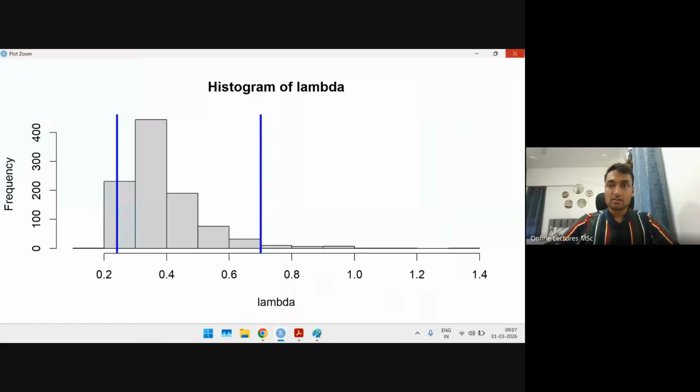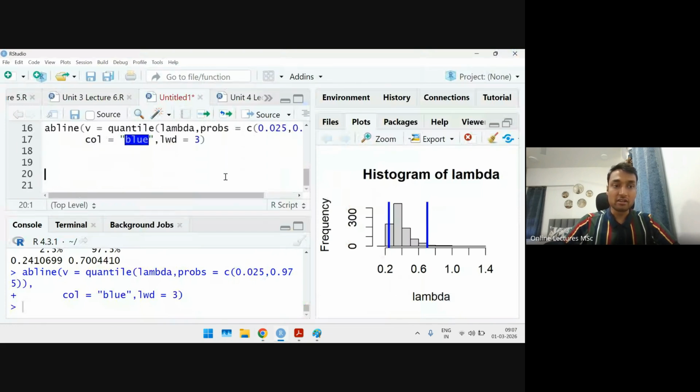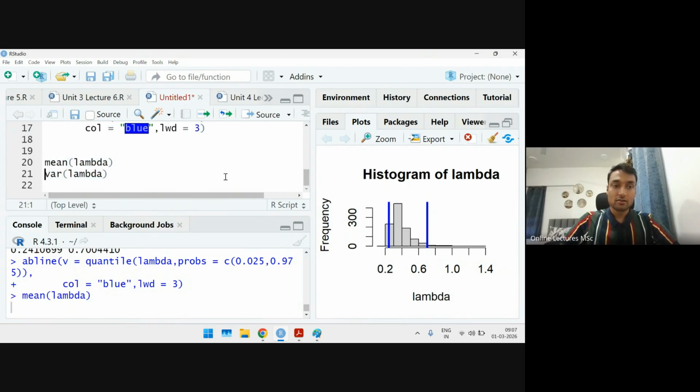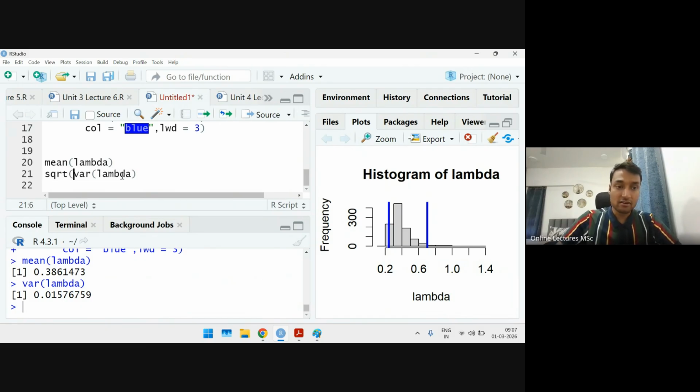So what Tom was trying to tell about variability: lambda hat is nothing but the mean of the lambda distribution. If you want to see how much variability lies in lambda, then you simply take the variance of lambda. So I say on average, lambda takes a value of 0.386 and it has a standard deviation, or standard error, of 0.12.